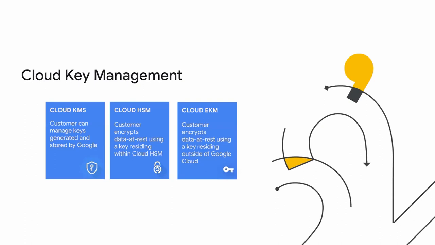So an external key manager really allows you to maintain this separation between your data at rest and your encryption keys, while still leveraging the power of cloud for computing and analytics, or whatever other stuff you want to do with it.